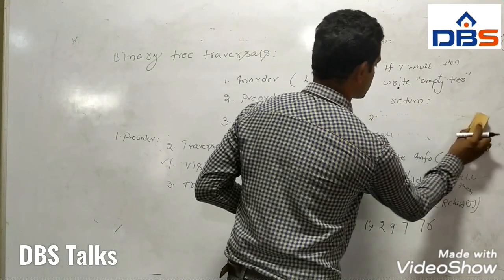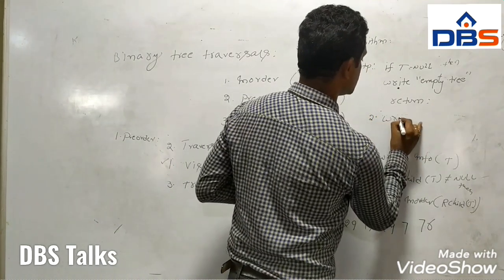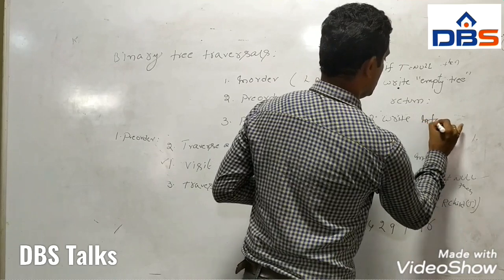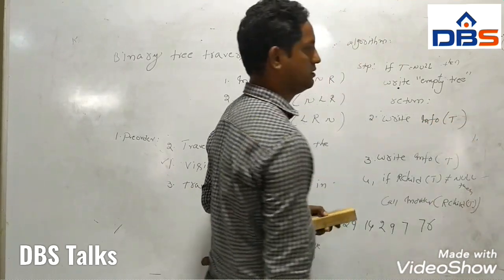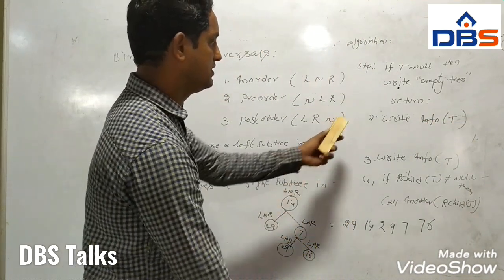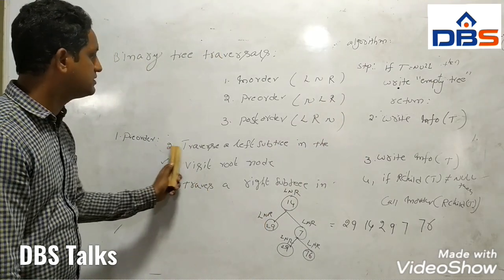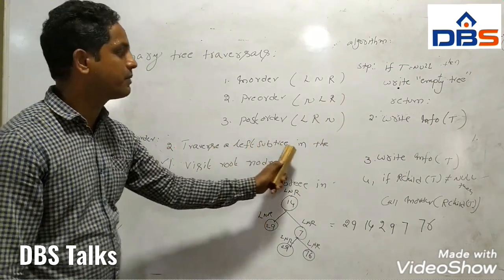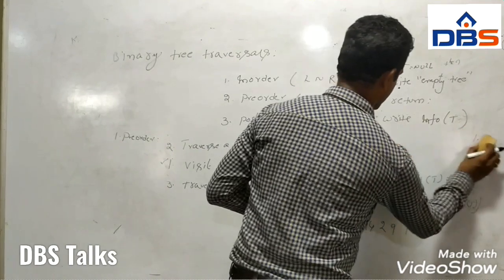That is, write info of T. Second one is traverse the left subtree.